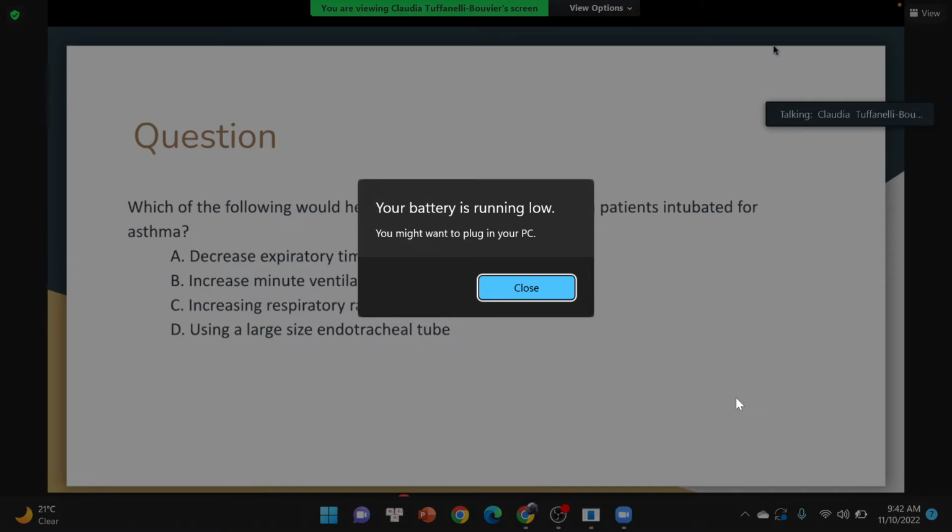So next question. Which of the following would help reduce high peak pressures in patients intubated for asthma?